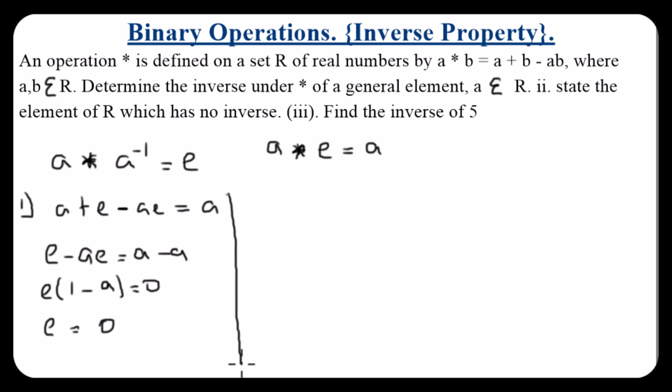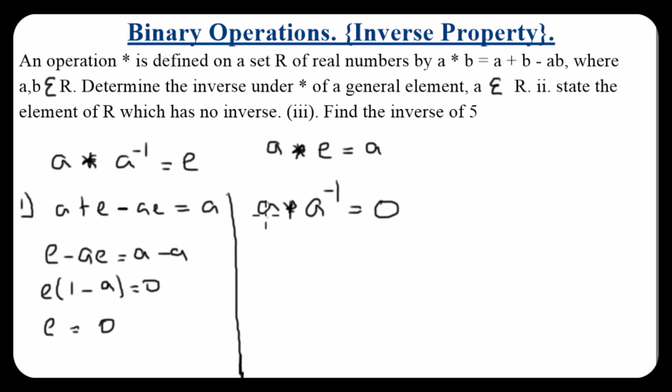The second part is now to find the inverse, A inverse. Remember, that's what we have to determine: the inverse under star of a general element. So I have to write the second expression. Here I have A star A inverse is equal to, so there's no point writing E again since I already know the value of E. E here is 0. So now go back to the question.